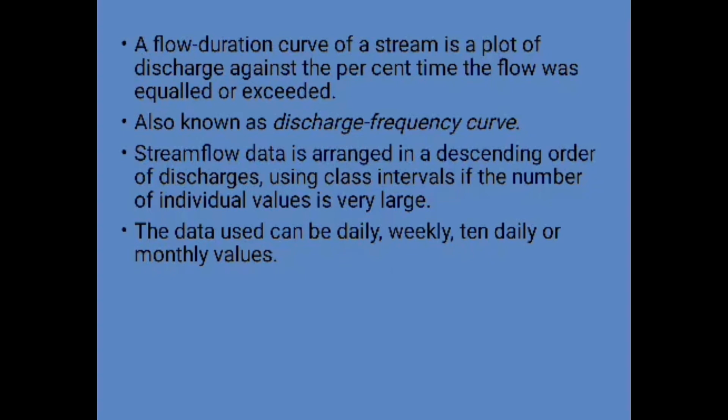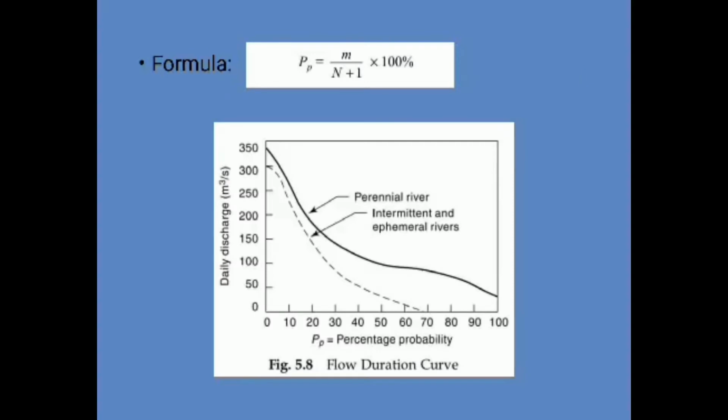The data used can be daily, weekly, 10-daily, or monthly values. Formula: percentage probability equals m over n plus 1 times 100%.